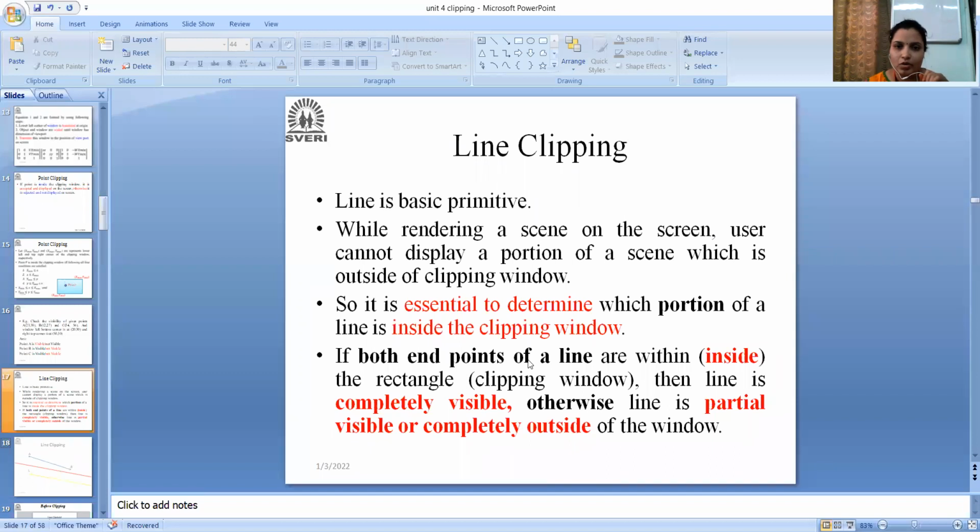In line clipping also, the window is given to you, and with respect to the window, the lines are categorized into 3 types. First is the totally visible or completely visible line. Second is the completely invisible line, and the third is the partially visible line.